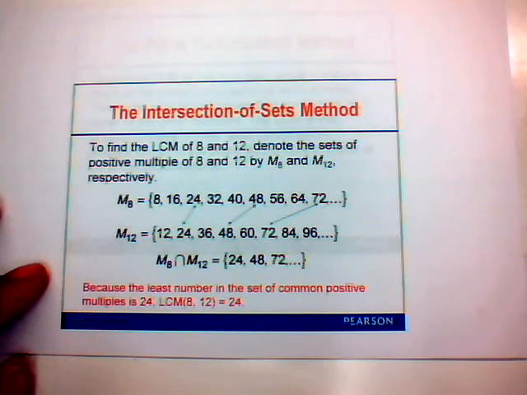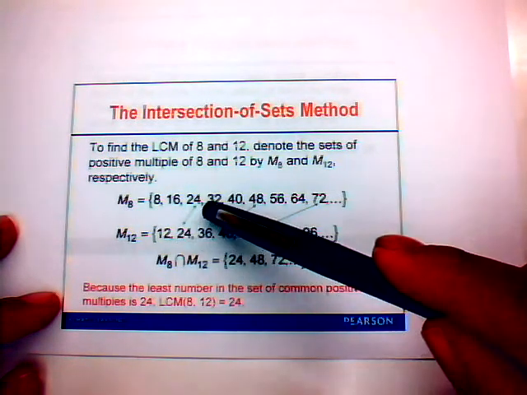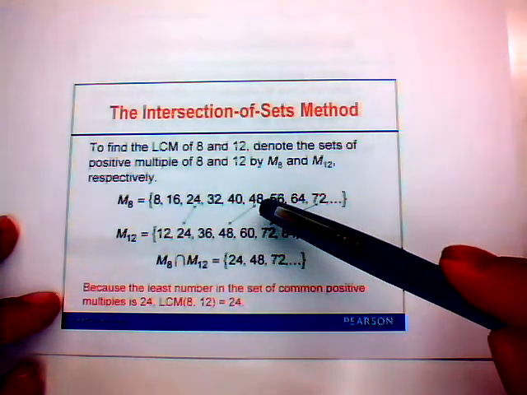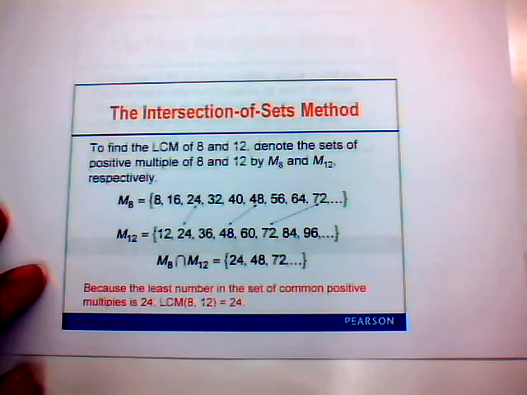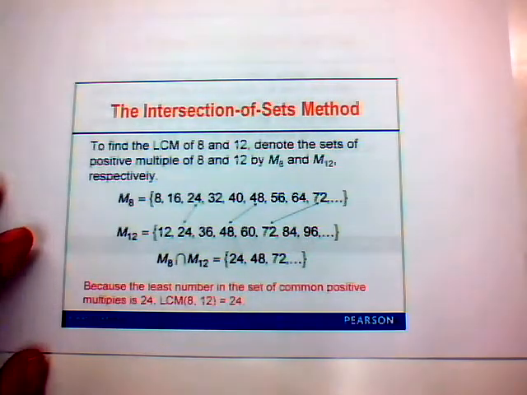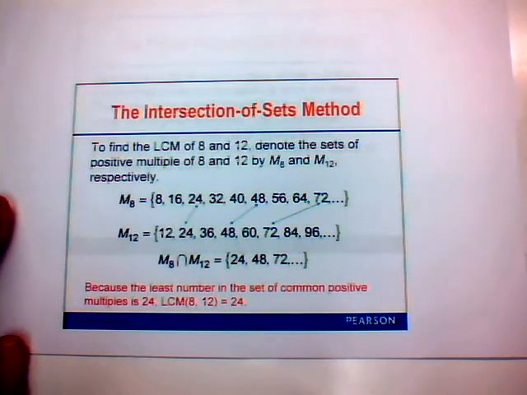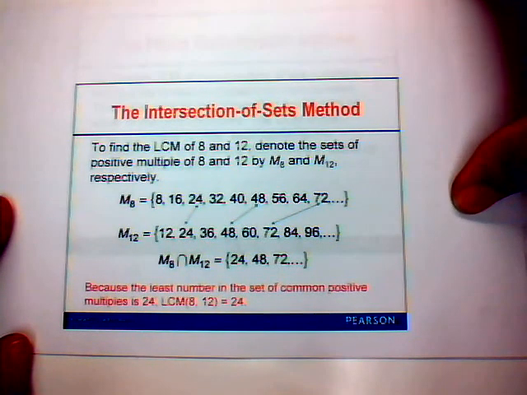Then the intersection is the numbers that are common to both M sub 8 and M sub 12. In this case, that's 24, 48, 72, and there are others. But we want the least number in that intersection. That's 24. So 24 is the least common multiple of 8 and 12.